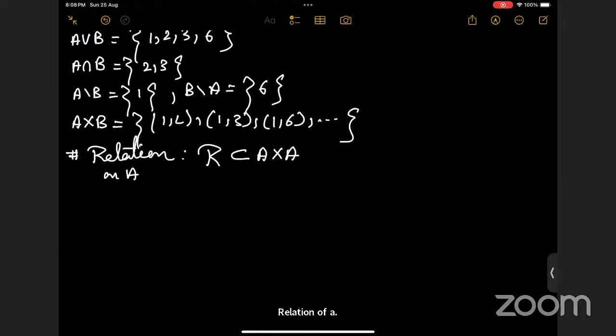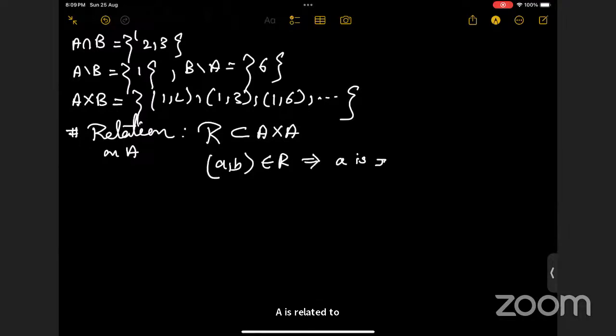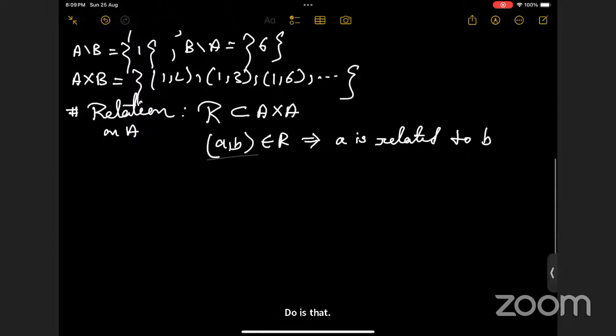We pick some ordered pairs from A cross A, and whenever (a, b) belongs to R, we say that a is related to b. That was our definition.